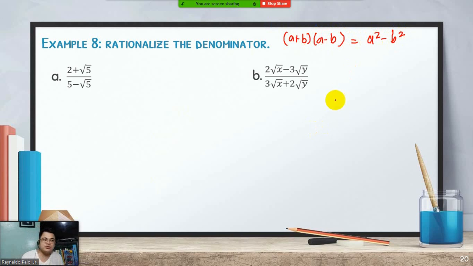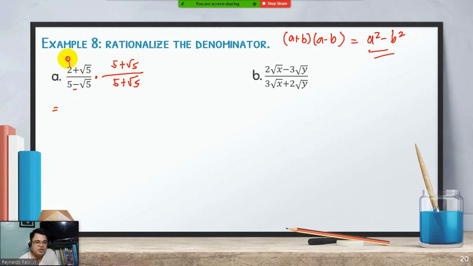This is the thing that we're going to apply here. But on the numerator, of course, we have to apply the FOIL method. Here, this is a difference, so therefore we need the sum. Okay, so we're going to have 5 plus square root of 5 over 5 plus square root of 5.